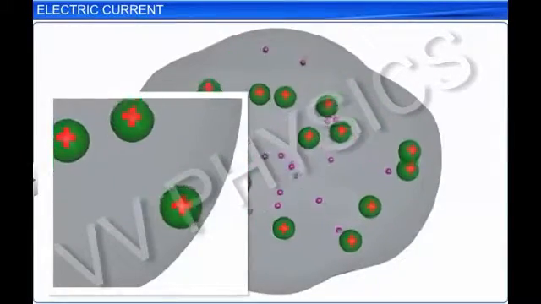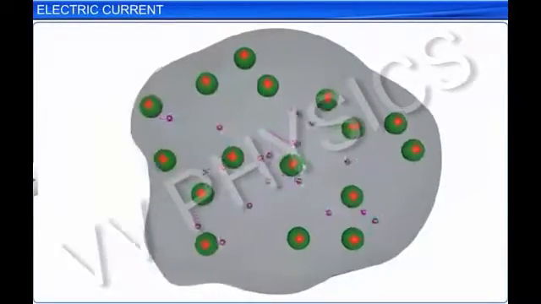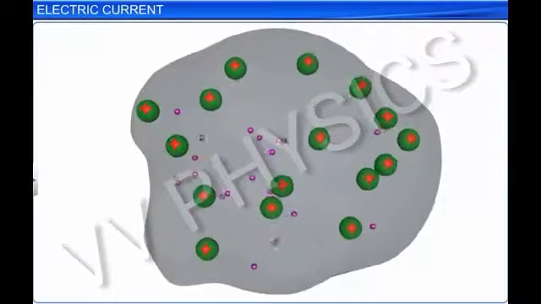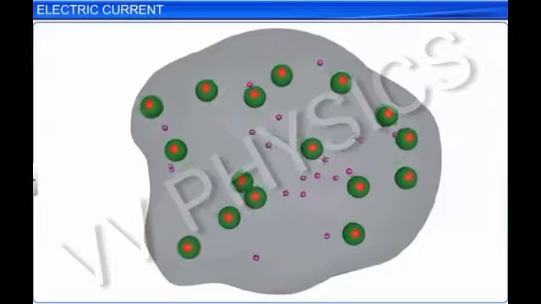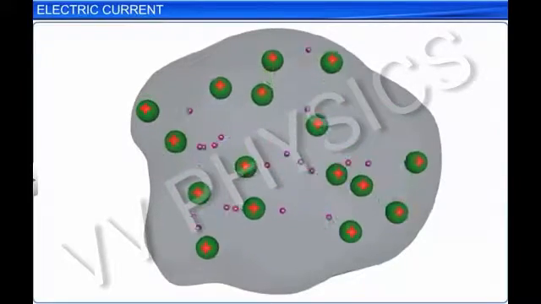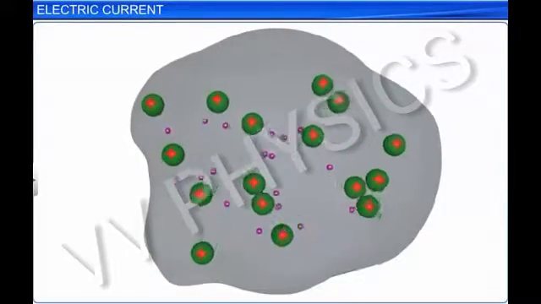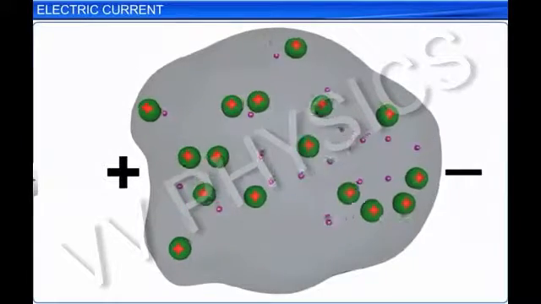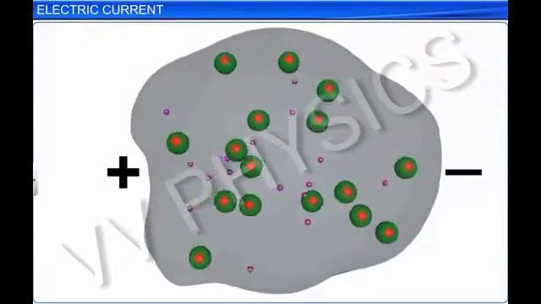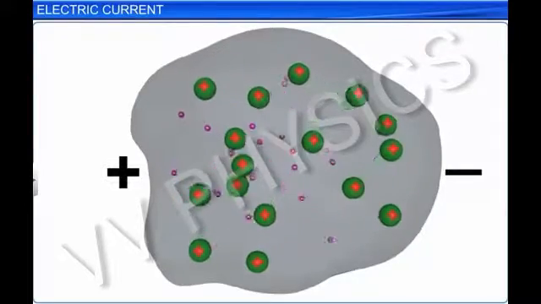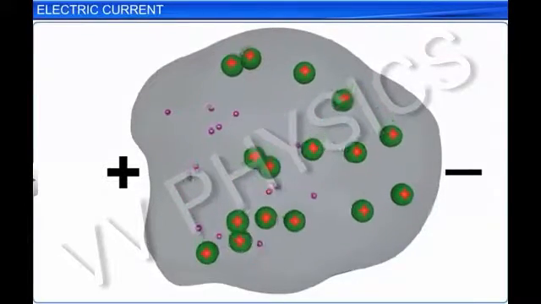After collision, they get deflected and move again randomly with the same velocity with which they collide. When an electric field is applied to the enclosed space, the random motion of the charged particles is changed to unidirectional flow that constitutes an electric current.